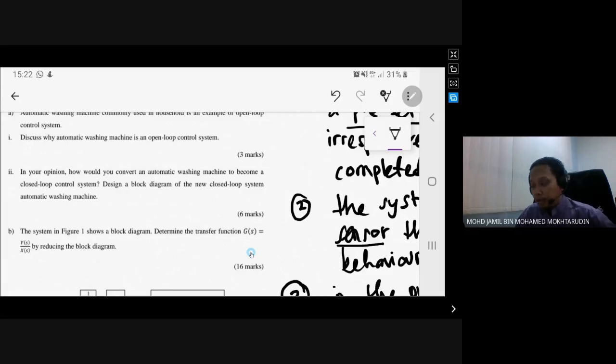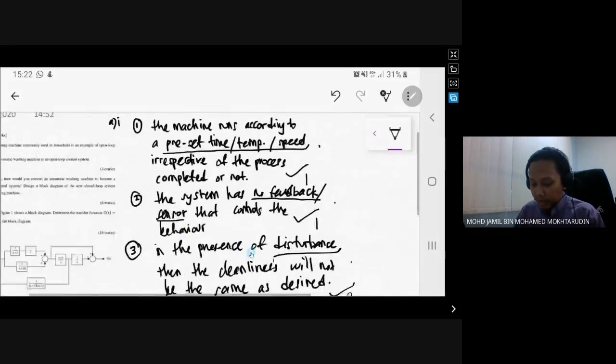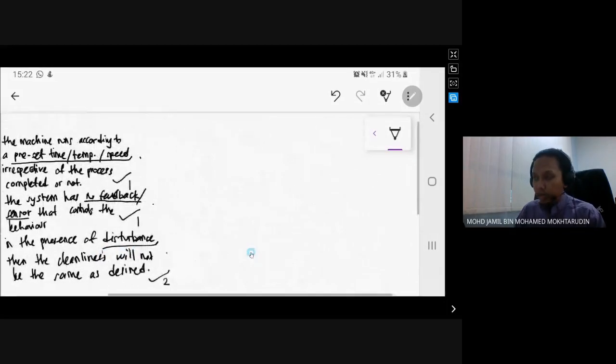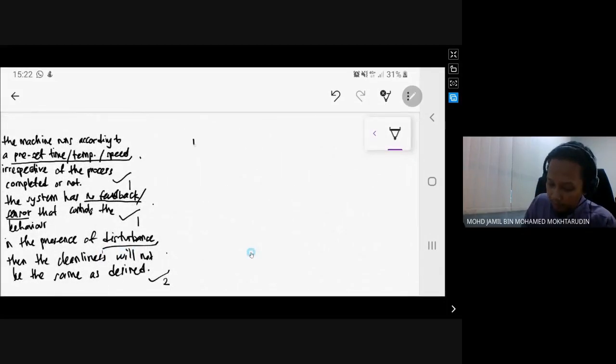So if you answer add a sensor, or if you give some example of sensor, maybe a cleanliness sensor, for example, or maybe a sensor that measures how many bacteria are in the clothes, that somehow measures the cleanliness, then you will get 1 mark. So if you say, in my opinion, add a sensor, any sensor.